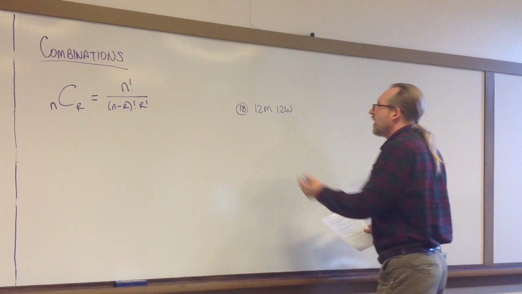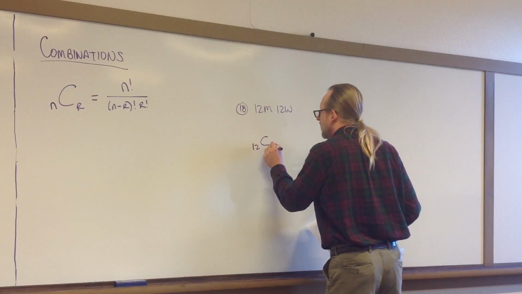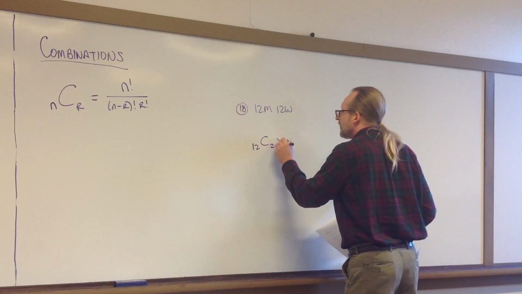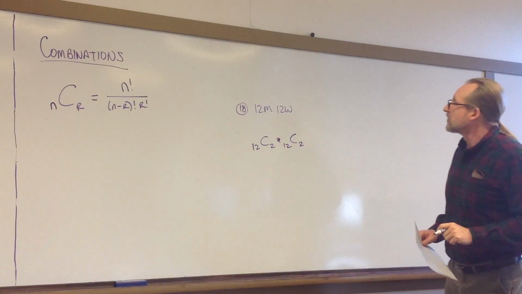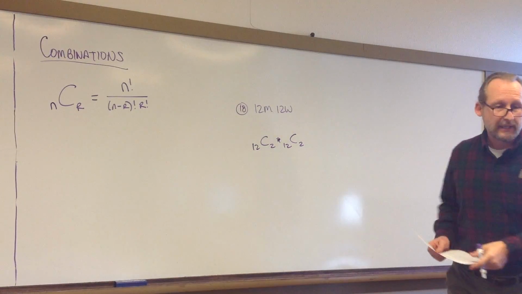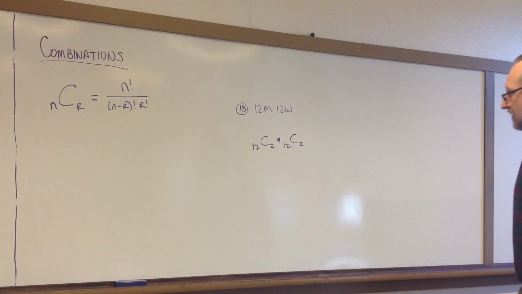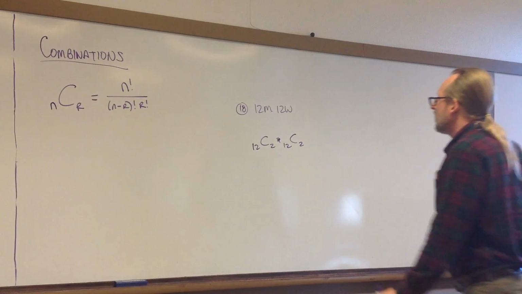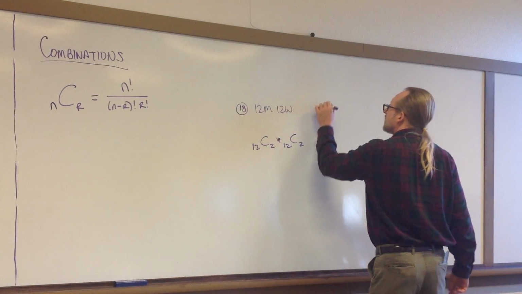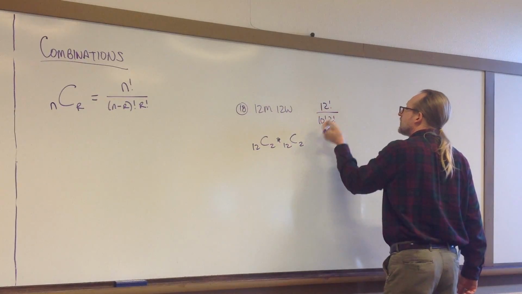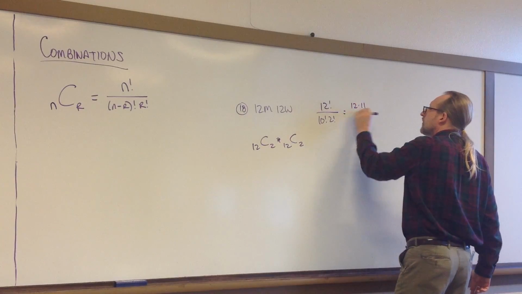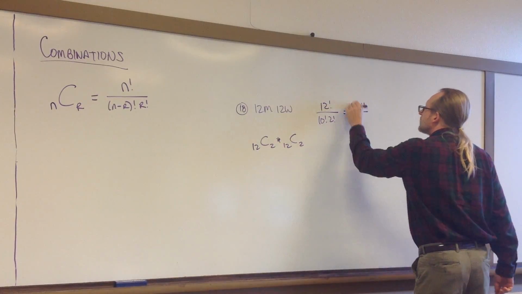Okay, so what we want is we want to choose 2 men from the group of 12 and pair them with 2 women chosen from the group of 12. And let's see what that's going to turn out to be. I think I can do this without the calculator. This is going to be 12 factorial over 10 factorial, 2 factorial, or 12 times 11 over 2.